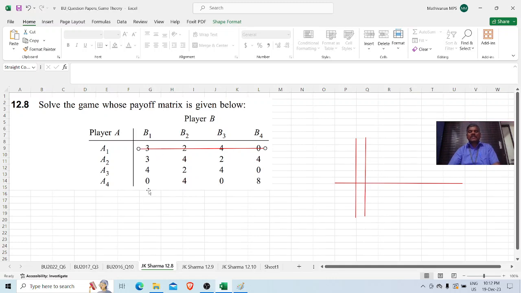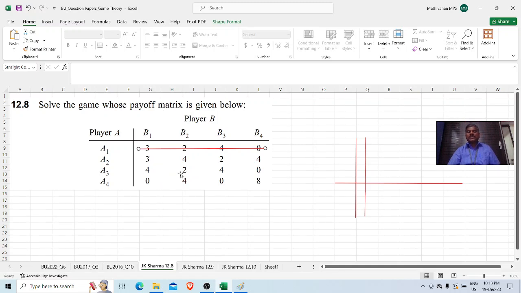The first column, the gain is for player A. That means it is losses for player B. All these are gains for player A and loss for player B. When player B is using the first strategy, the loss is 3 points, 4 points and 0 points. We will compare this with B2. B1 is 3 points loss. B2 is 4 points loss. So B1 is a better strategy.